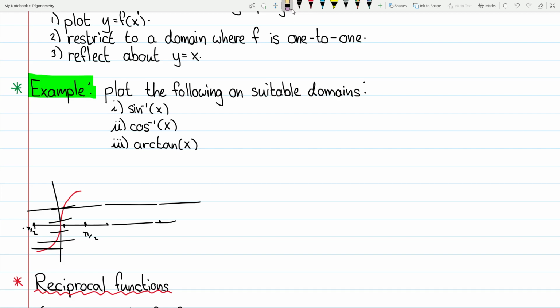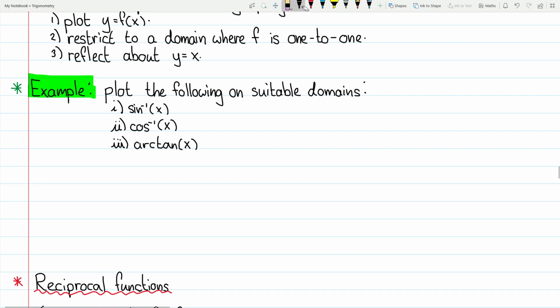So let me draw this a tad more clearly. Once we draw our restricted sine graph, it looks like this. This is pi on 2. This is negative pi on 2. That's not our sine graph.